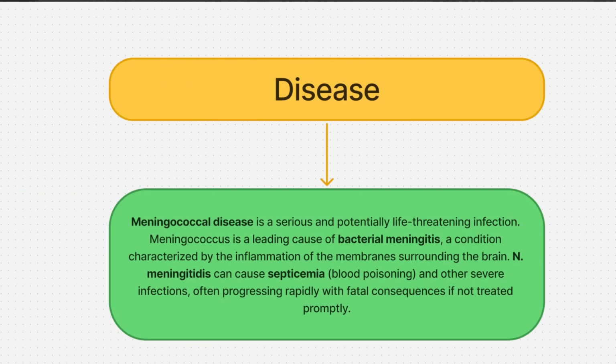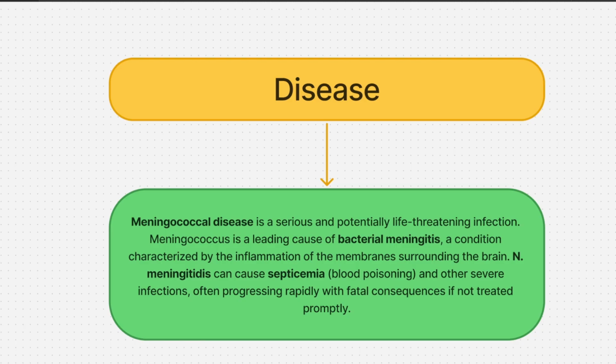Okay, now let's talk about the disease. So let's do a quick introduction. So meningococcal disease is a serious and potentially life-threatening infection. It is the leading cause of bacterial meningitis. Meningococcus is the leading cause. A condition characterized by the inflammation of the membrane surrounding the brain, which are the meninges, as we talked about.